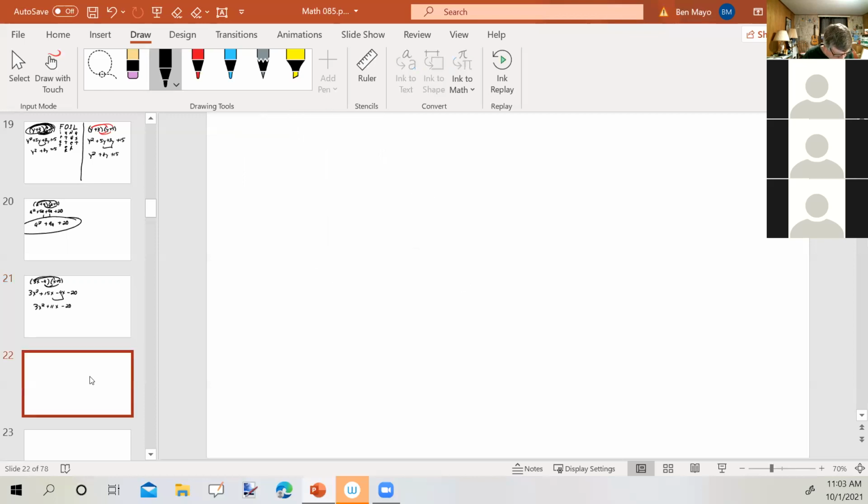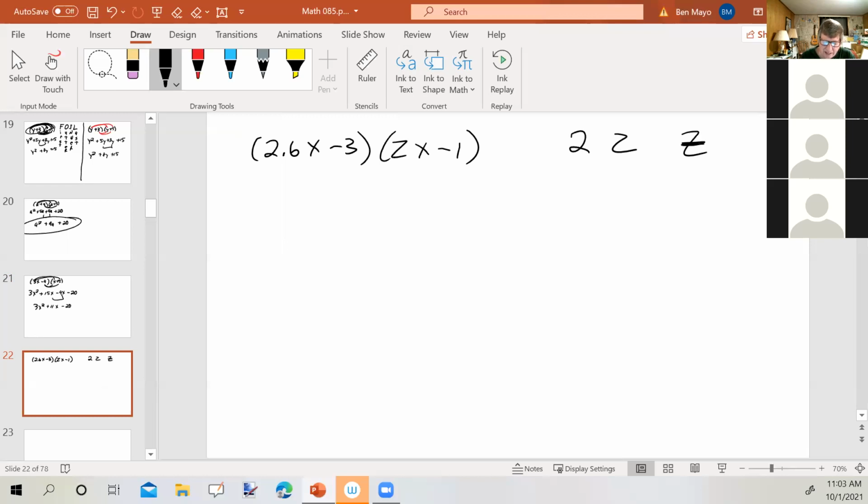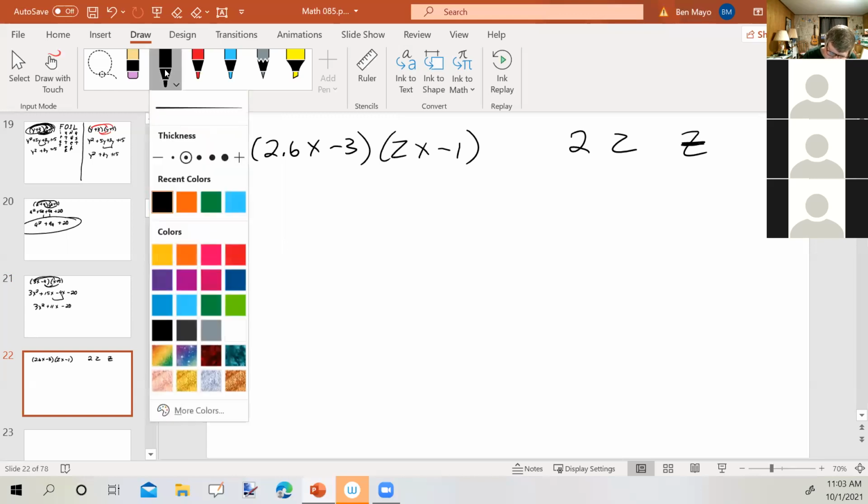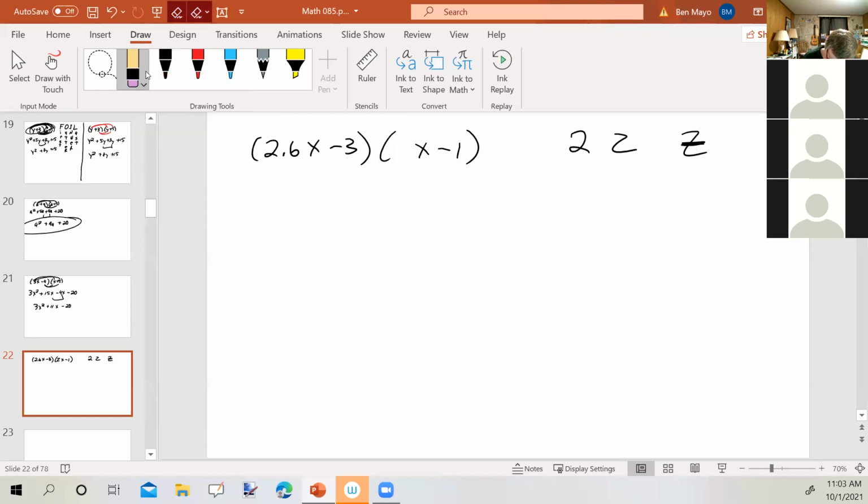Okay. How about this one? 2.6x minus 3 times 2x minus 1. I just want to point out, sometimes my 2's have loops and sometimes they don't. But if it's a Z, there's always a slash through it, okay? So if you're confused about that, that is a 2. 2.6x times 2.